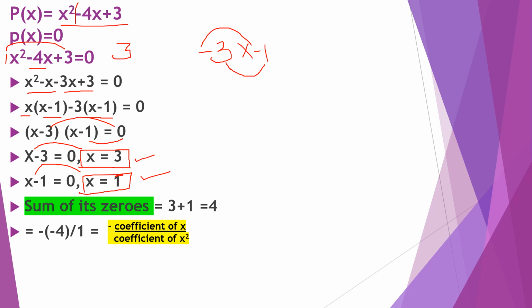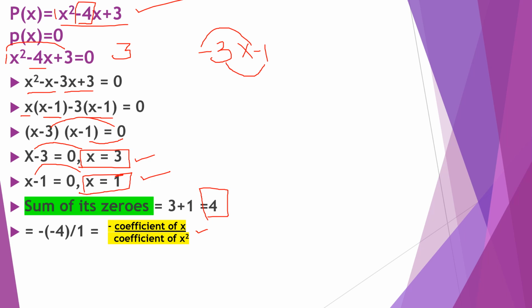It is minus 4. So the formula gives minus of minus 4, divided by the coefficient of x square, which is 1. Minus into minus becomes plus. So always the sum of the zeros of the polynomial will be equal to minus coefficient of x divided by the coefficient of x square.